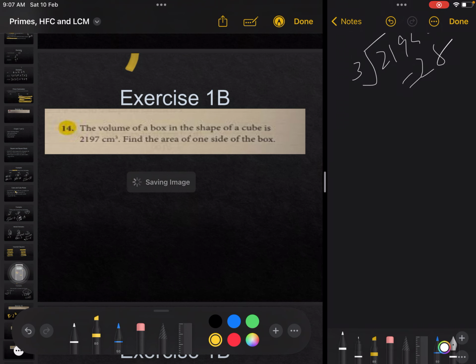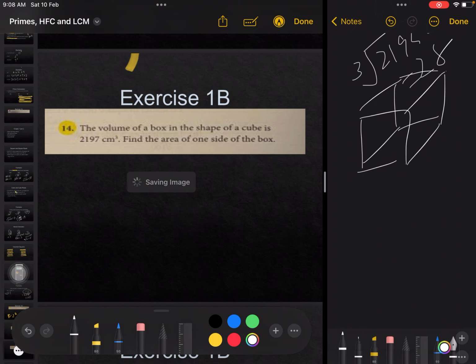The volume of a box shape of a cube is 2197. Find the area of one side of the box. So we first need to understand a cube. Volume of a cube equals length times breadth times height.